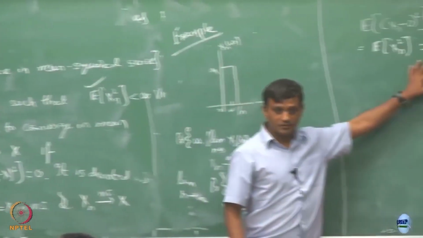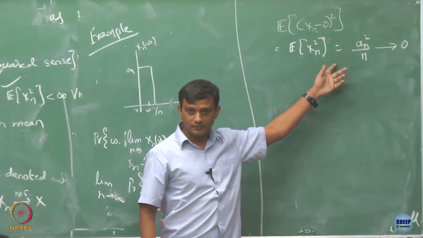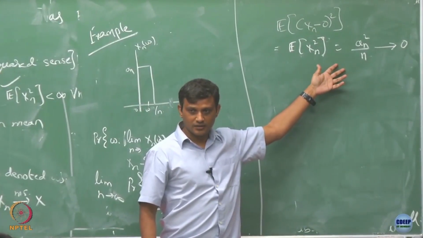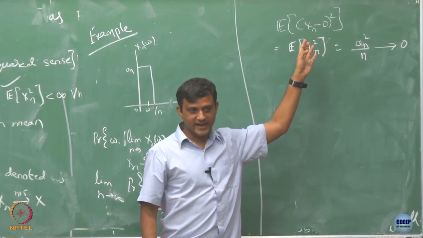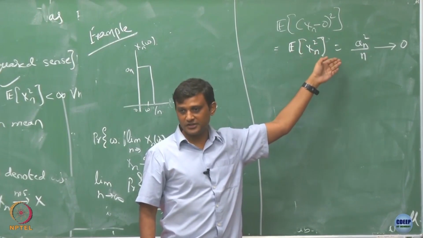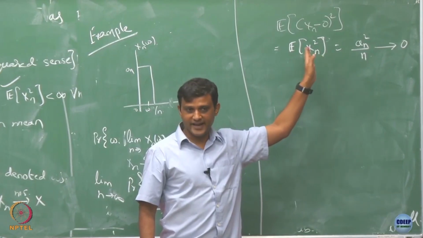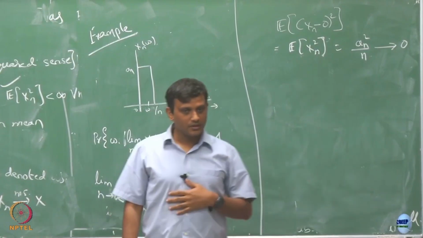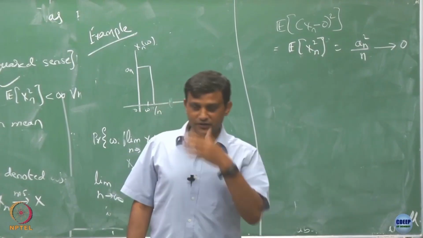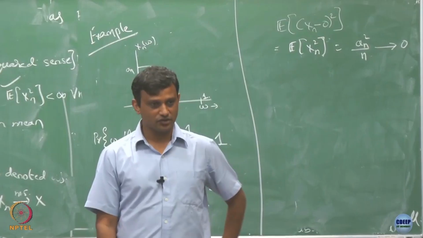Is this true? Notice that an is a number, and I am dividing an square by n. Will this go to 0 for any n?